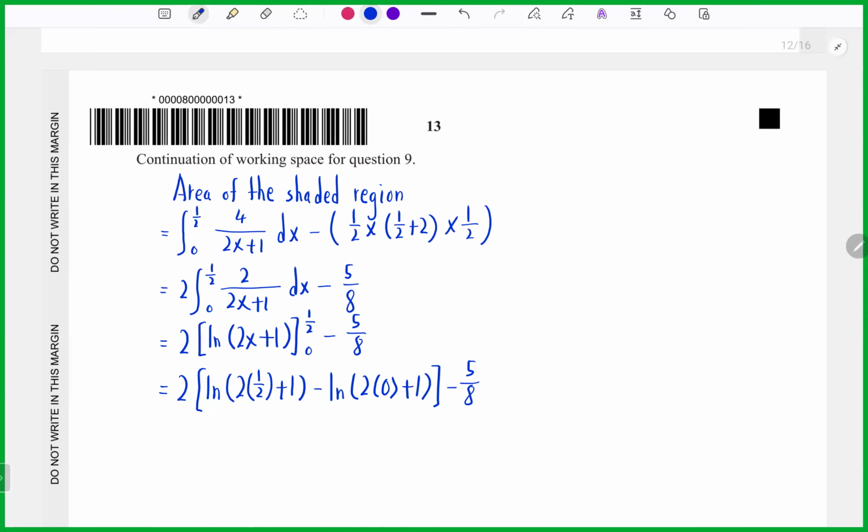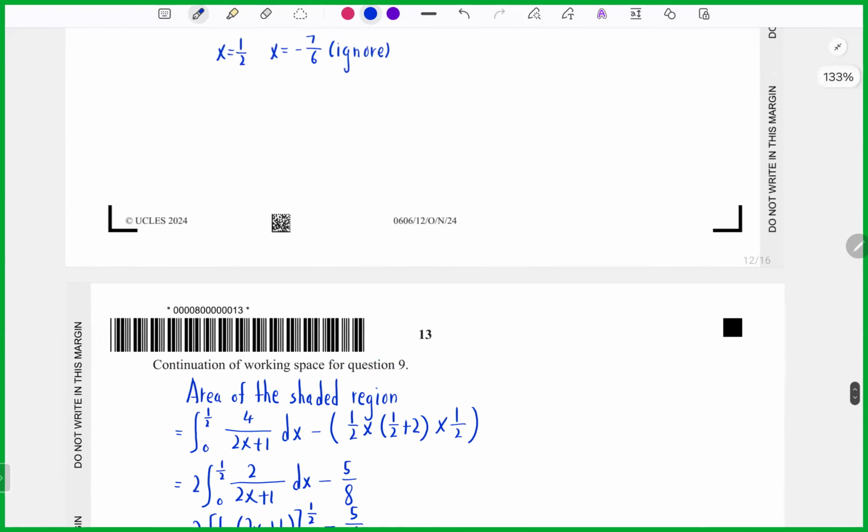So equals 2, here you will get ln 2, minus ln 1 which is 0, minus 5 over 8. So it equals 2 ln 2 minus 5 over 8.